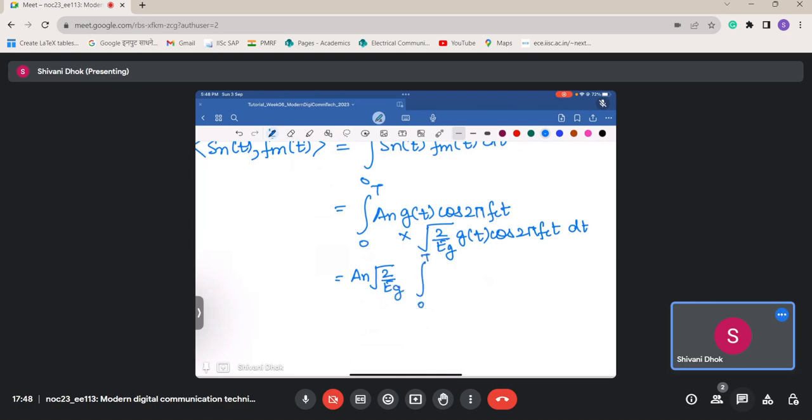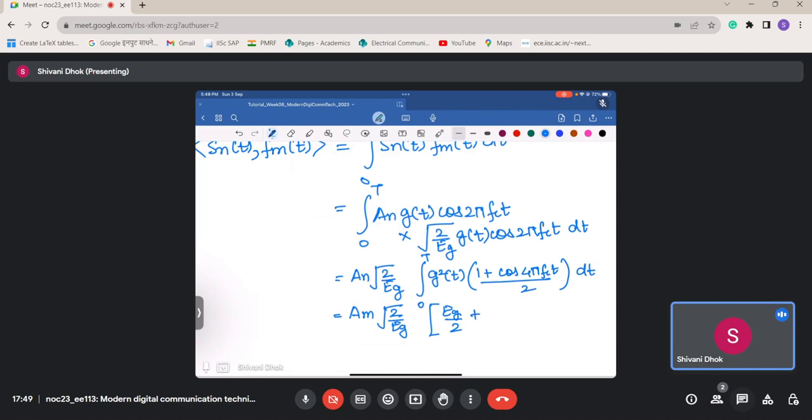The first integral, 0 to T of g square(t), will be equal to Eg, so this is Eg by 2, plus the second term.